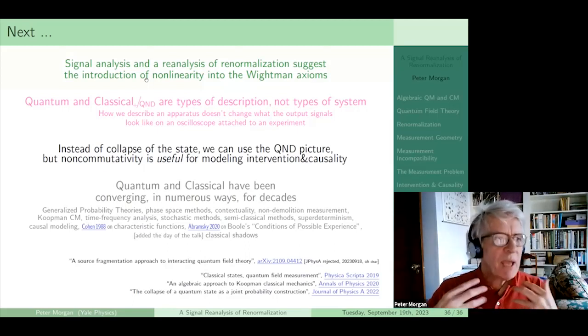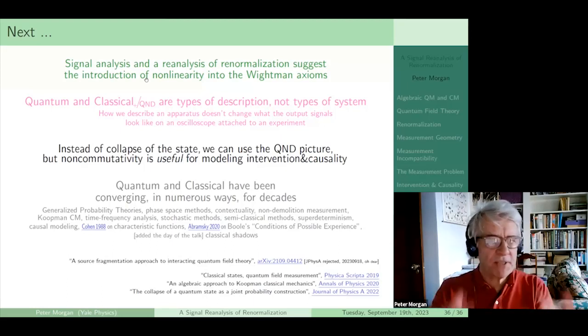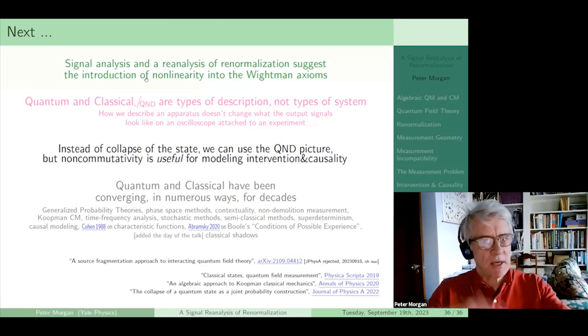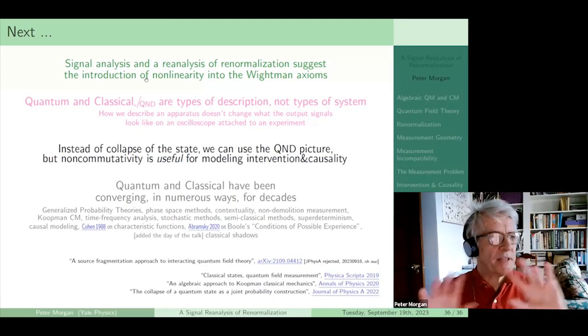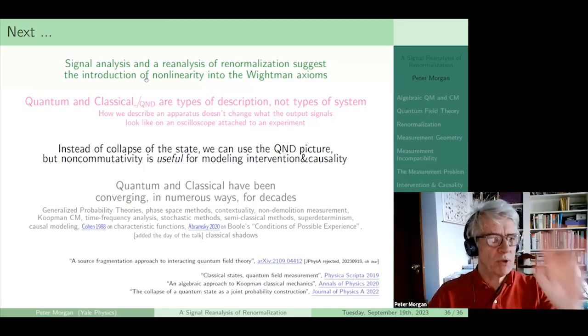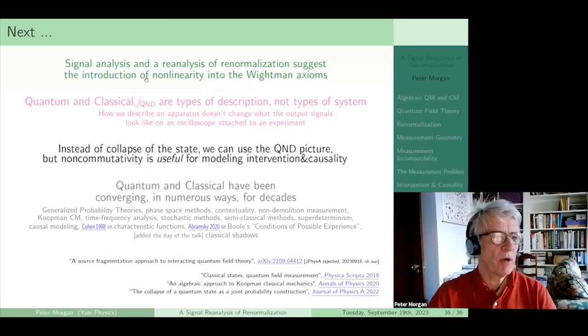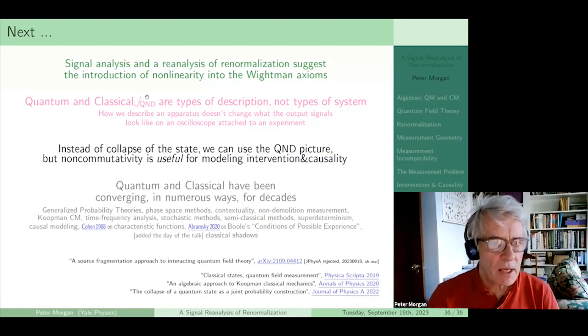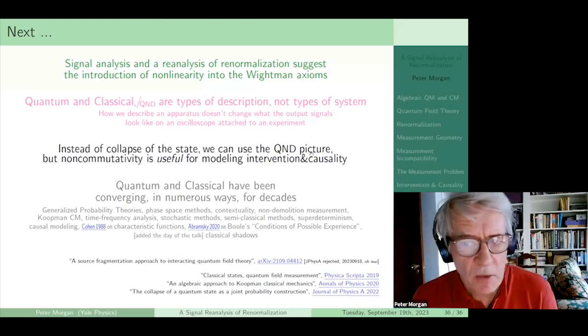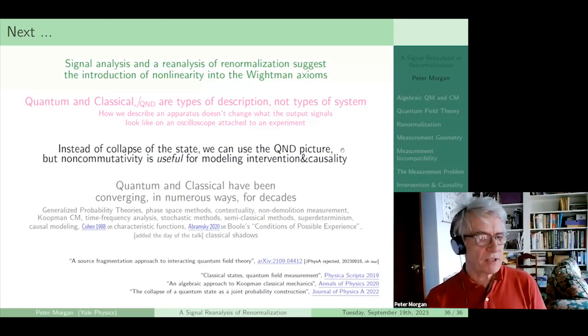I think we have to think about systems just as systems. They're not quantum systems and classical systems. Both at any scale admit a quantum description or a classical description. We use whichever one is appropriate and most useful. Instead of collapse of the state, we can use the quantum non-demolition picture if that's convenient, but we can also use non-commutativity whenever that's useful.